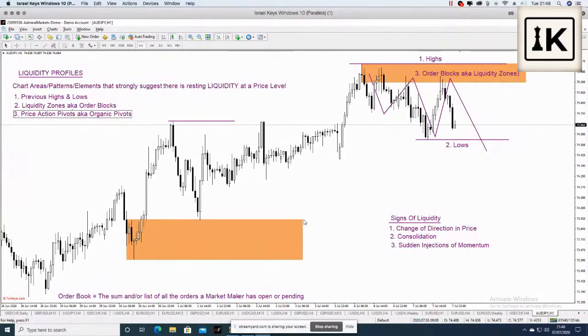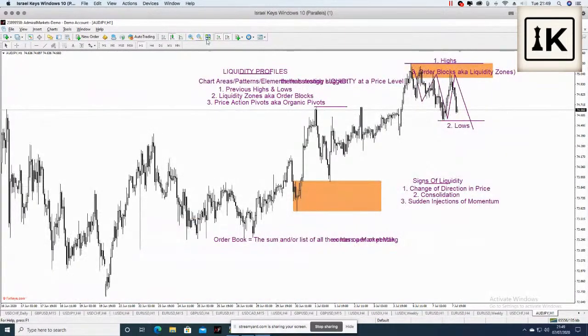Price only respects 2 things, remember. Previous price levels and significant time periods. Price respects 2 things. Price levels and time. Certain significant times of the day, week, month, and year. Everything else is irrelevant. So how do we spot an organic pivot?